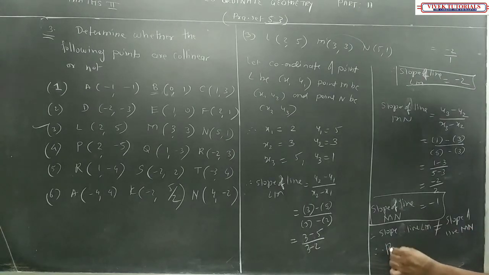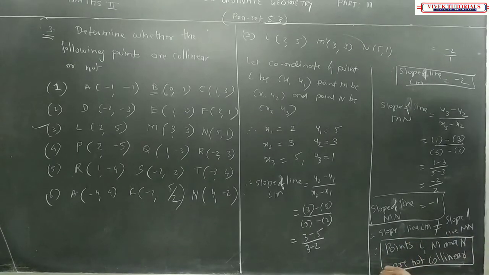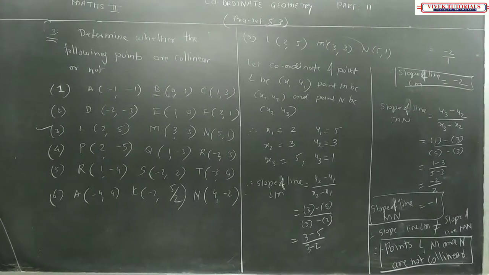Therefore, points L, M and N are not collinear. When the slopes are not equal, then don't write that this is a common point and so on. The slopes are not equal, so they are not collinear.